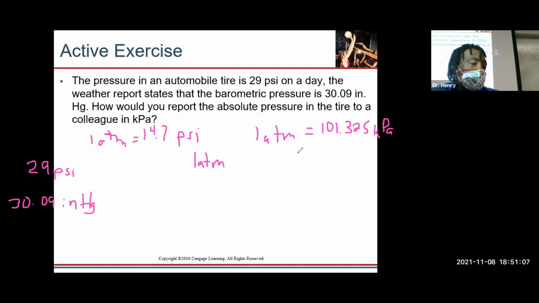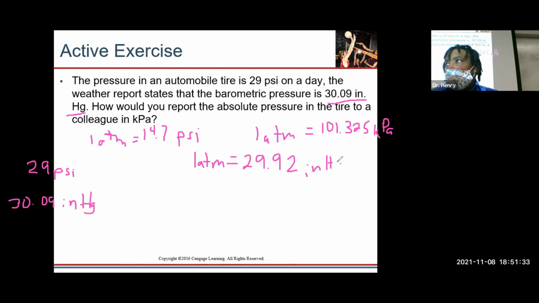Any other conversion? Nope. What about that inches of mercury? Don't we need that one too? Okay. 29.92 inches of mercury.